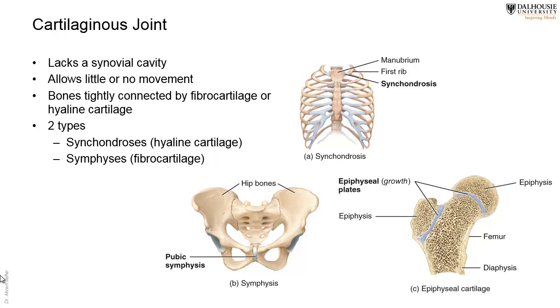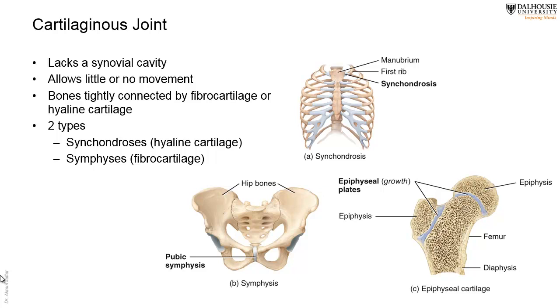Remember, we mentioned that there are three types of cartilages in the body. There's hyaline cartilage, which is the most abundant. There's fibrocartilage, where the collagen fibers that are present in the matrix are thicker and more abundant than the collagen fibers that are present in the hyaline cartilage.